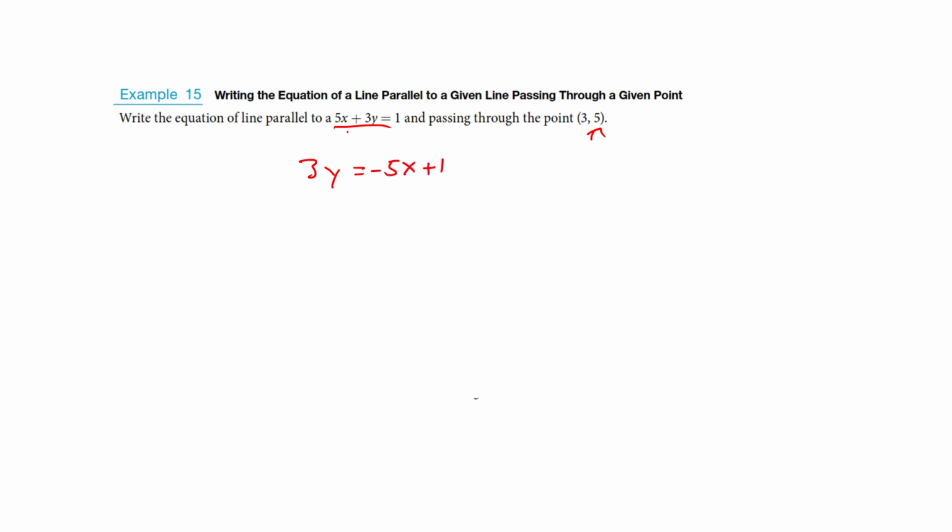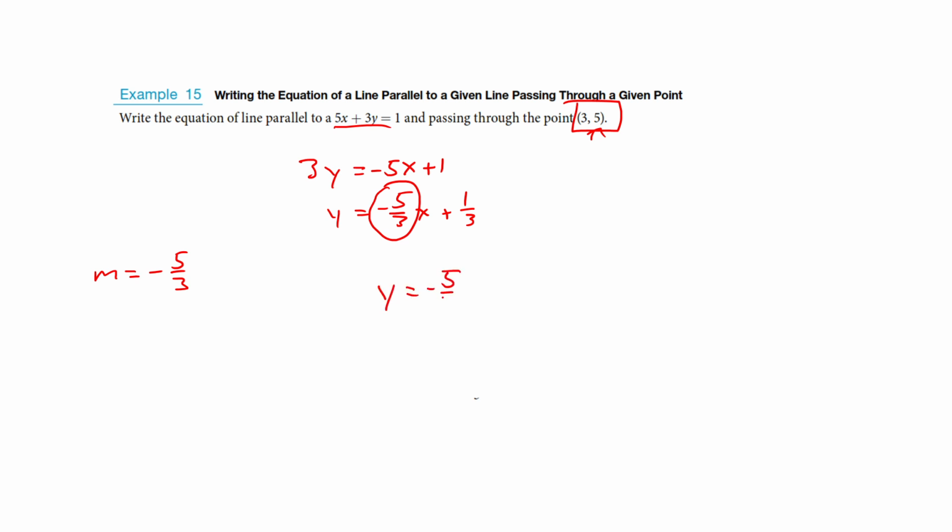So I swung that over first. I'm going to divide both sides by 3. Okay. Now, this is the slope. Not of the line we want, but of the other line. But ours, they told us, is going to be parallel. And we know if ours is parallel, it has exactly the same slope. So what do we have now? Well, we have the slope of our line. We have a point. We've got everything we need.